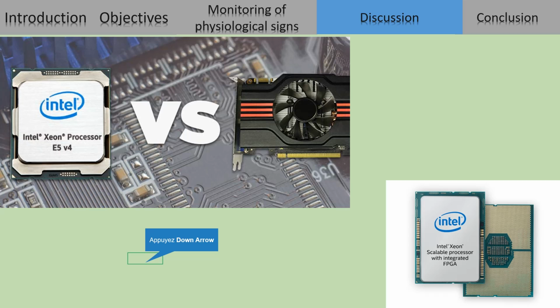Now we pass to the discussion, in order to integrate all monitoring systems into a single system that will monitor patients in critical cases and especially all people contaminated by the COVID-19 pandemic.